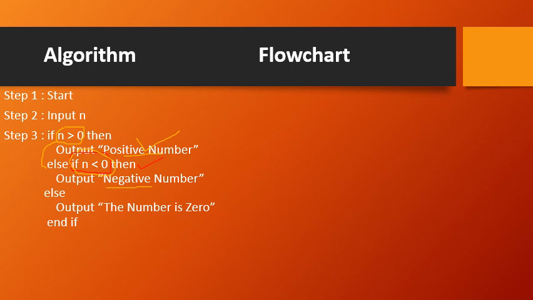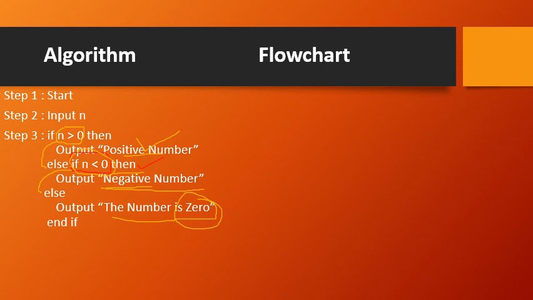If it is true, then this will be taken care of and it will display a negative number. Else, in the sense if this is false, it will skip to the else part here. So in the else part, definitely that number should be 0, because it is neither a positive nor a negative number. Then definitely that number will be a 0. That is how this algorithm will be working here.